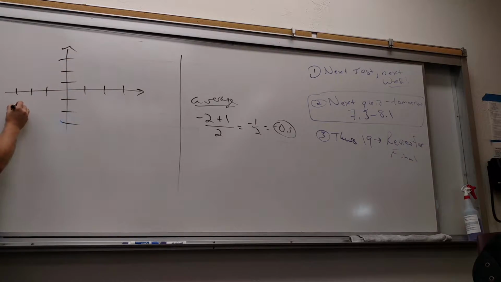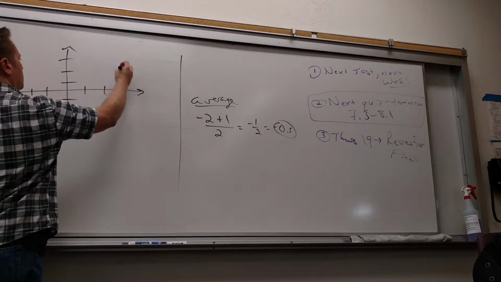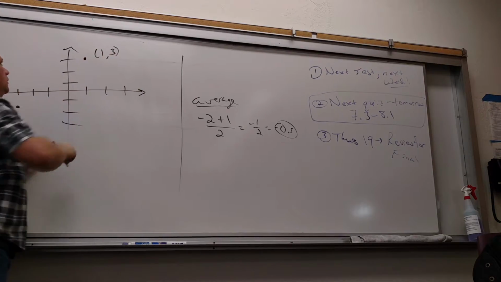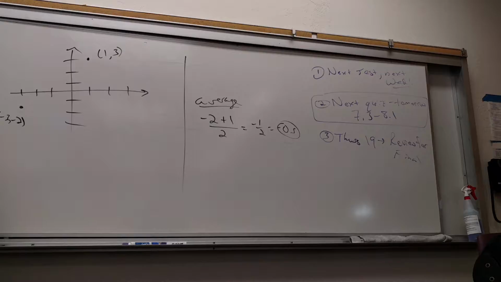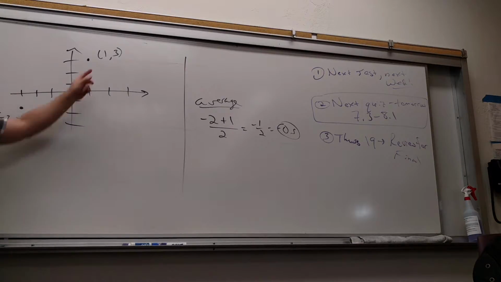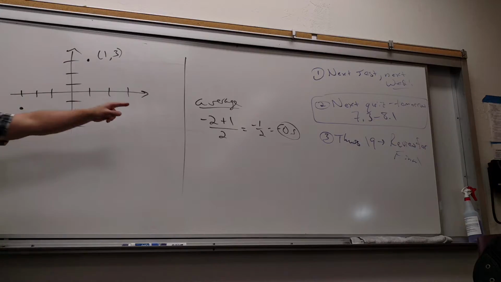So if I have the points, this guy here, this is the point -3, -2, and the point, let's say, 1, 3, and I want to know the midpoint. This is a little bit more difficult, right? If it's just on one line straight across from each other, or even up and down, that's easy. I just take the average of those two numbers. These aren't two numbers, these are 2 points.